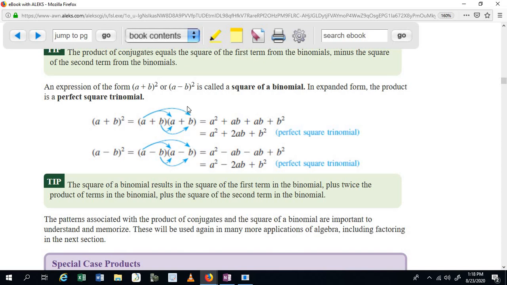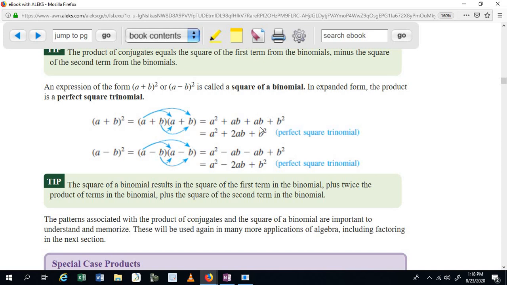Okay, the next special case we're going to look at is what happens when you multiply a plus b by a plus b. The signs don't change here, they remain the same. Let's see what happens when we FOIL. First, a times a is a squared. Outer would be a times b, ab. Inner would be ba, which you can write as ab.